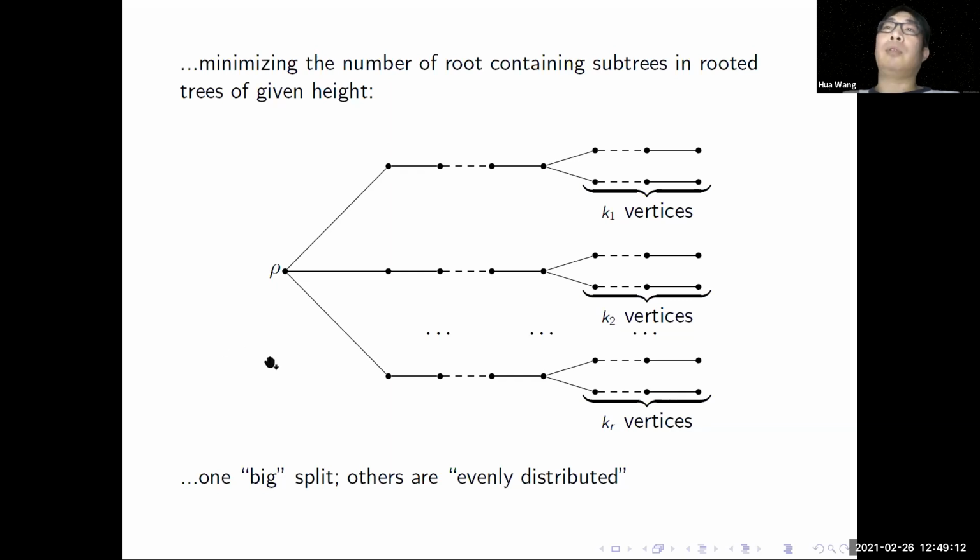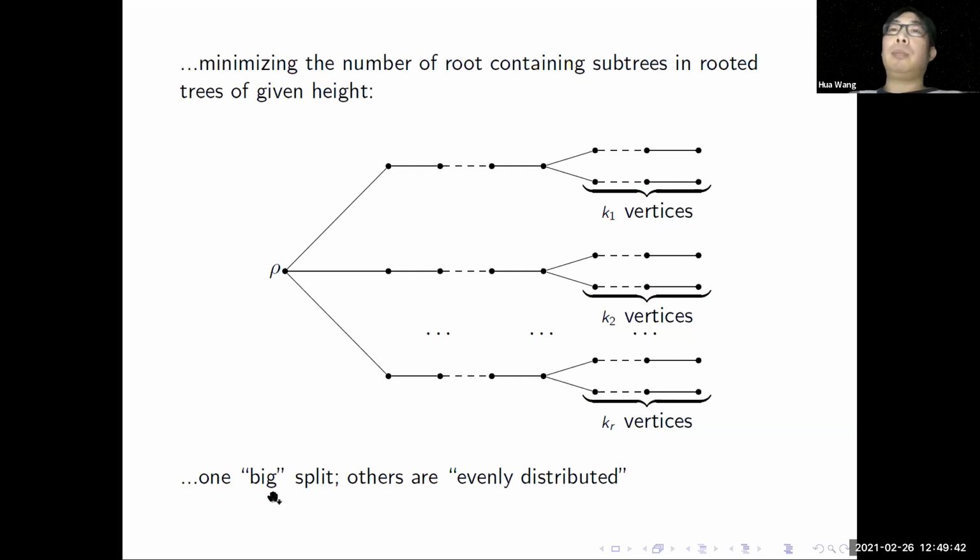This was after a tremendous amount of effort, where we ended up with the statement that the extremal structure that does this must be of this shape, where we call each of these a split. That means every leaf must be of the maximum height, so they're all here. And then every branch here can only have one split. You cannot have more than one thing coming out of it.